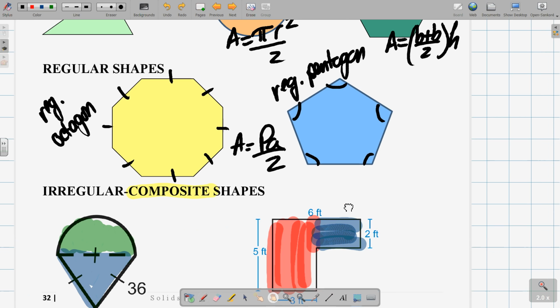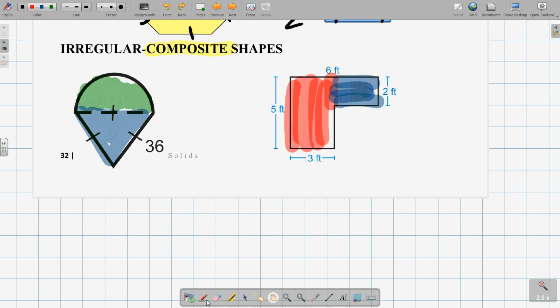What's different about these composite shapes is there's no singular equation to find those areas. Instead, they are composed of a combination of things. That's why they're called composite shapes.